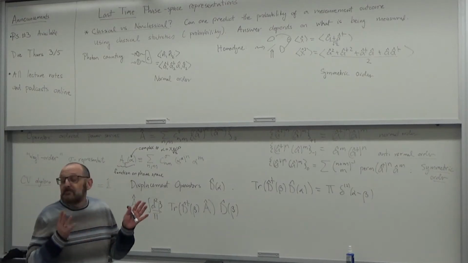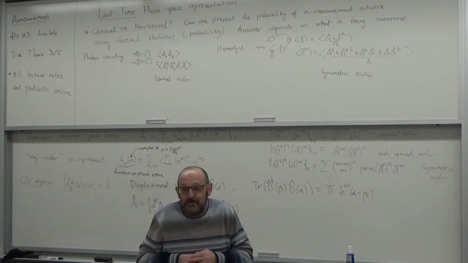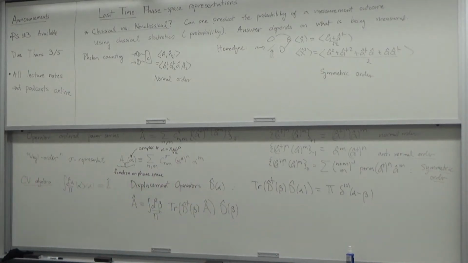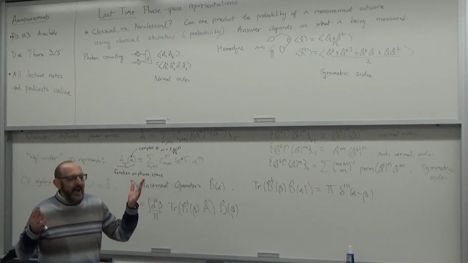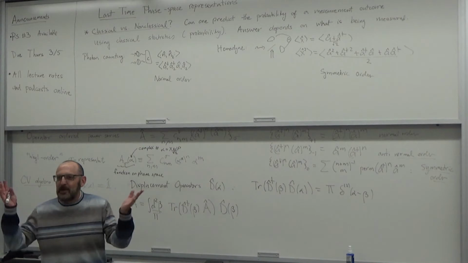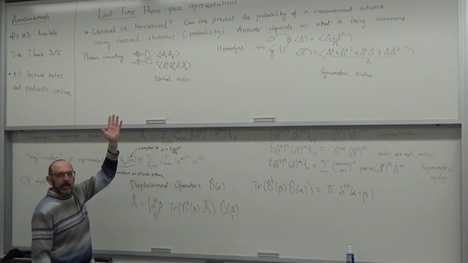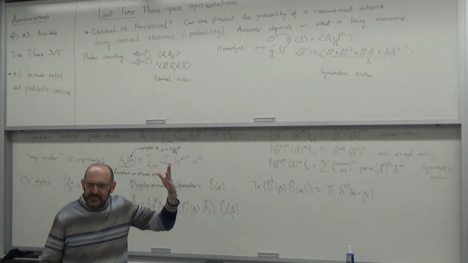I should, again, mention, this has almost nothing to do with quantum optics. This is just quantum mechanics. It describes the quantum mechanics of a particle moving in 1D. This is an infinite dimensional Hilbert space with wave functions. It would be exactly the same formalism. And these questions we're asking about classical versus non-classical are fundamental questions of quantum mechanics itself.